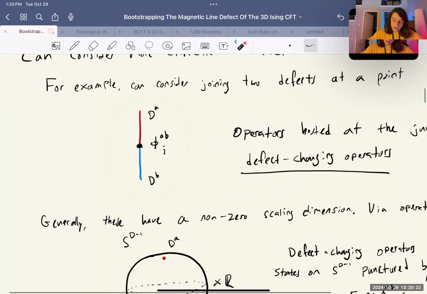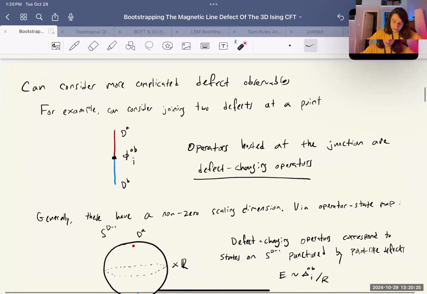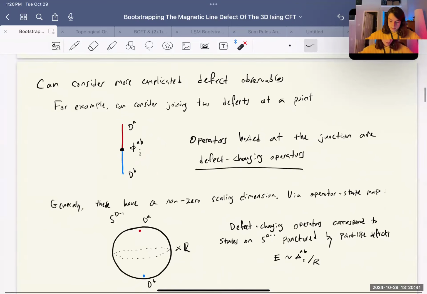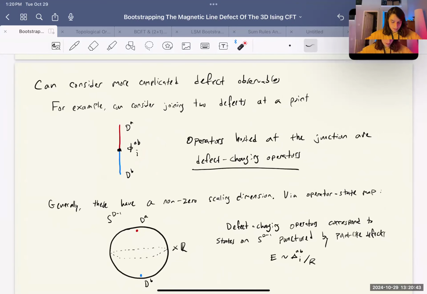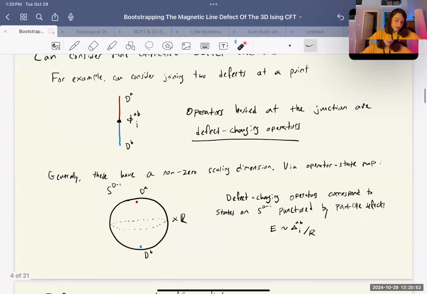In general, this will create some non-trivial operator, which can be viewed as a conformal primary since it can be thought of as creating an eigenstate of the dilatation operator. These objects are interesting to study. They can represent different kinds of things physically.